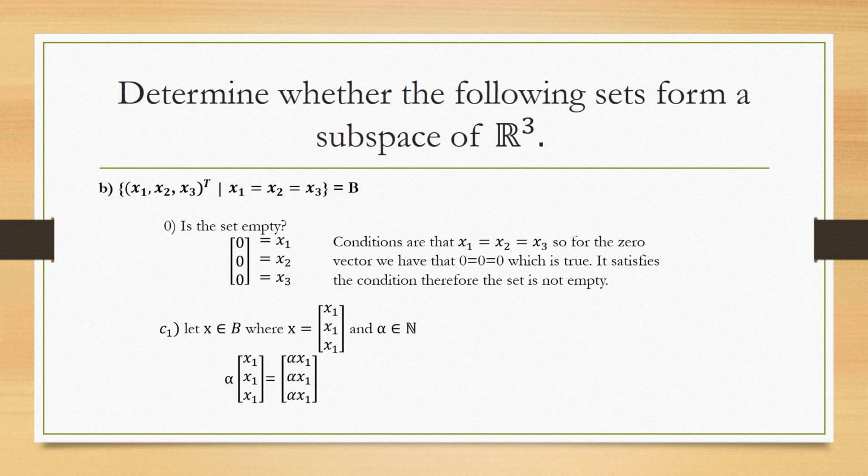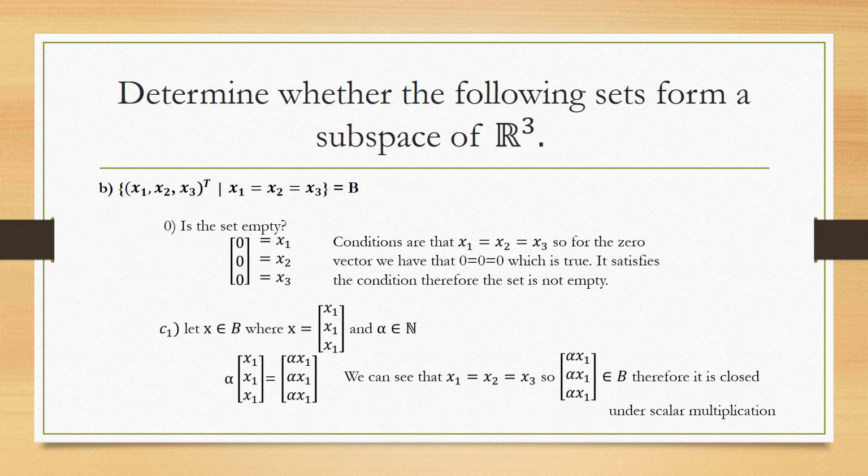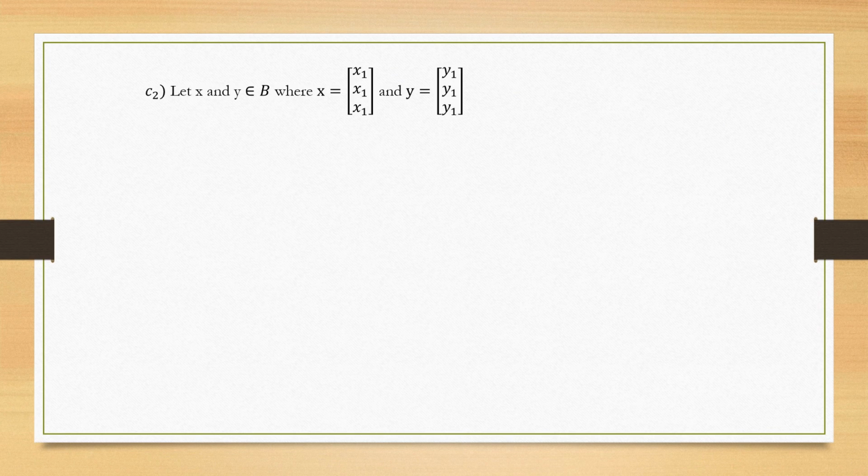So then we do scalar multiplication and we get (alpha x1, alpha x1, alpha x1). We can see that x1 equals x2 equals x3, so the vector is in B, therefore it is closed under scalar multiplication.